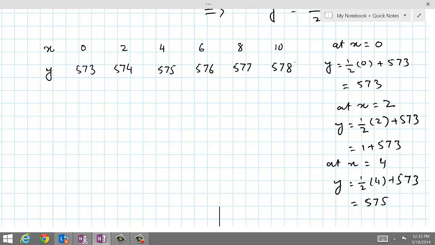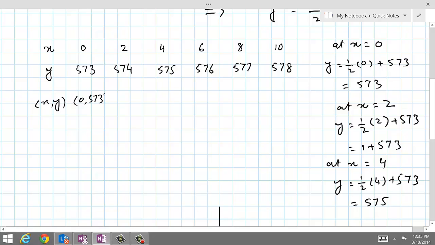And now we can find the ordered pairs x, y, and here we have ordered pairs 0, 573, and 2, 574, and 4, 575.